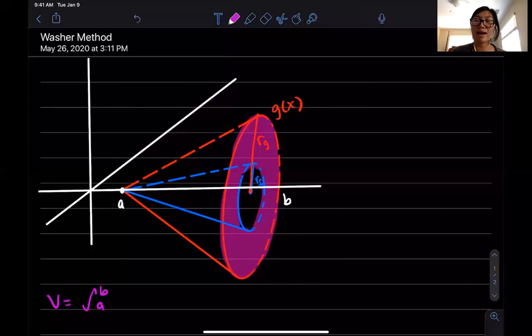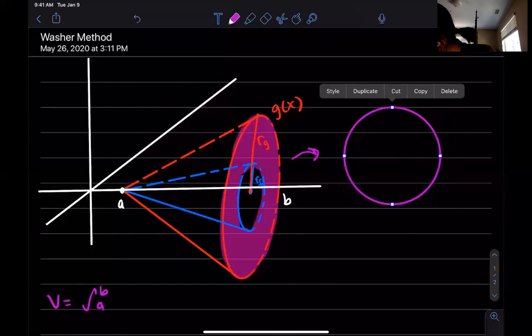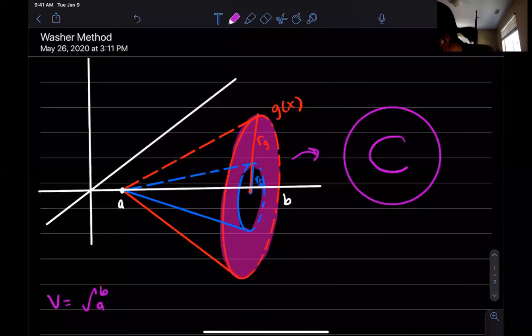Okay, so that takes care of the height. Well, what's my base? How am I going to find that? My base is going to be this washer that I have in purple. We can illustrate it like this. It's a washer, and it's going to look something like this. So how are we going to find the area of this donut-looking thing?